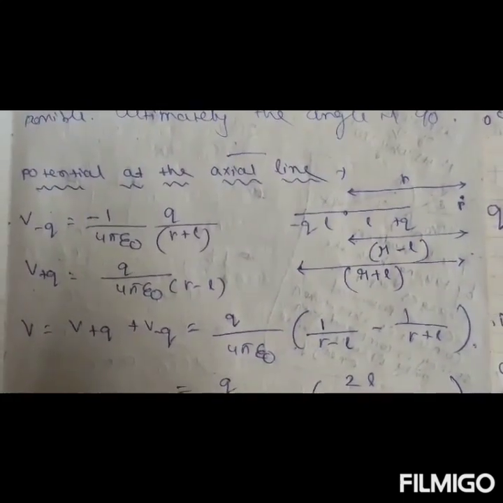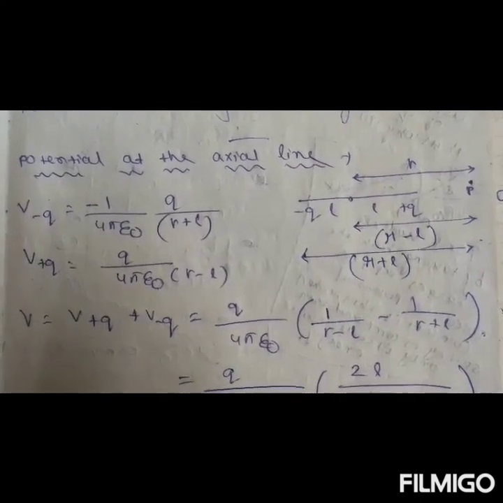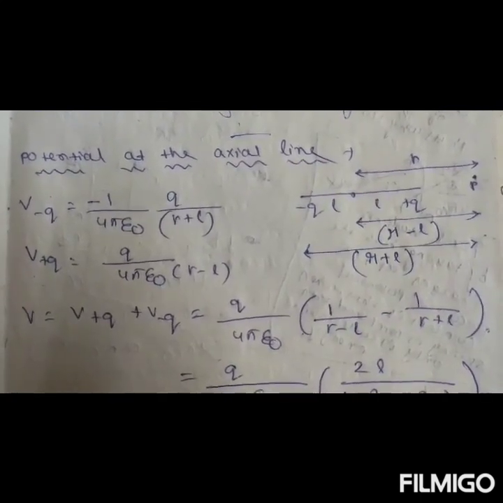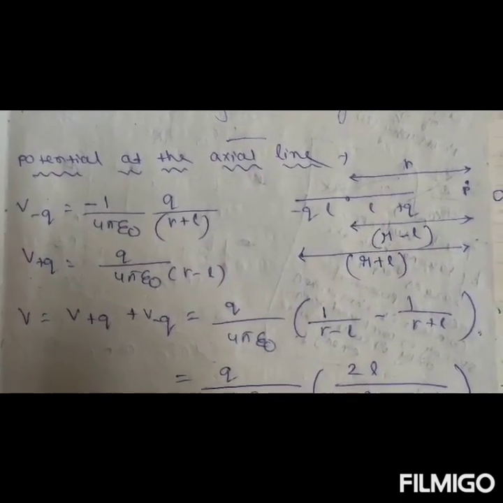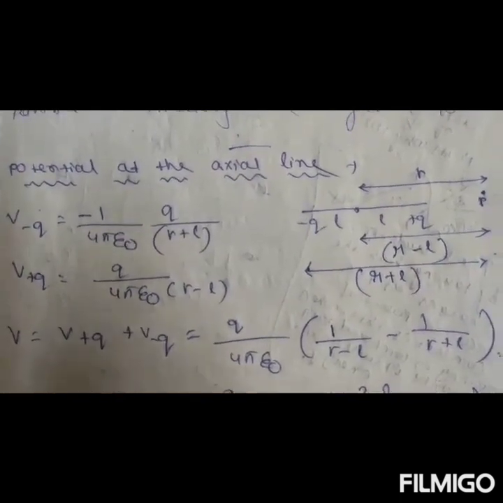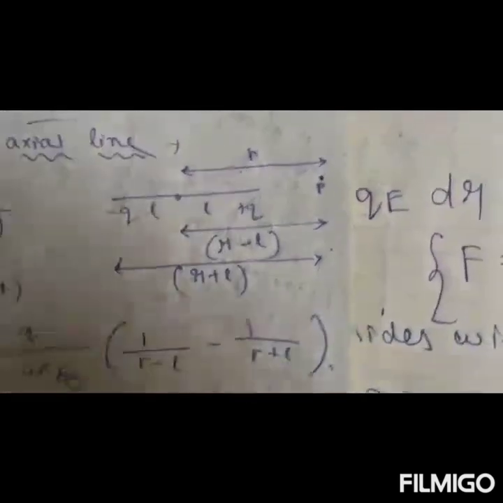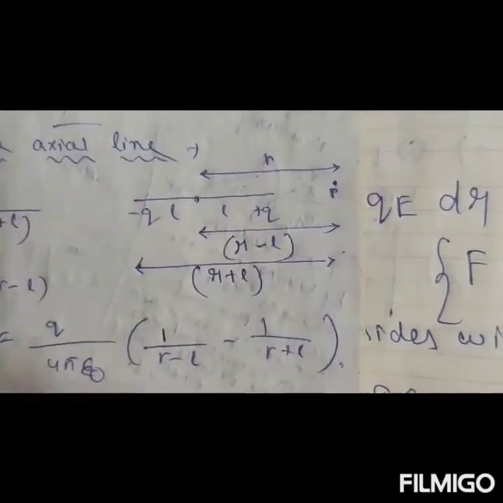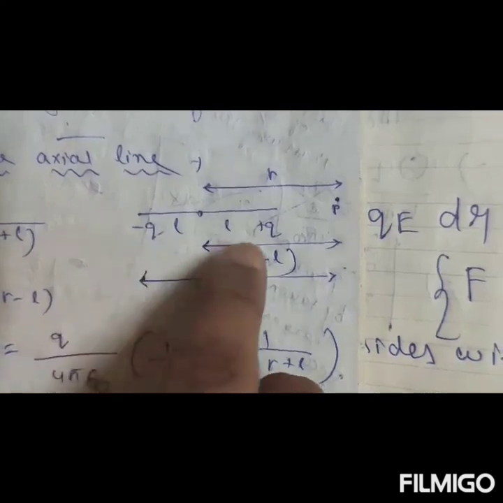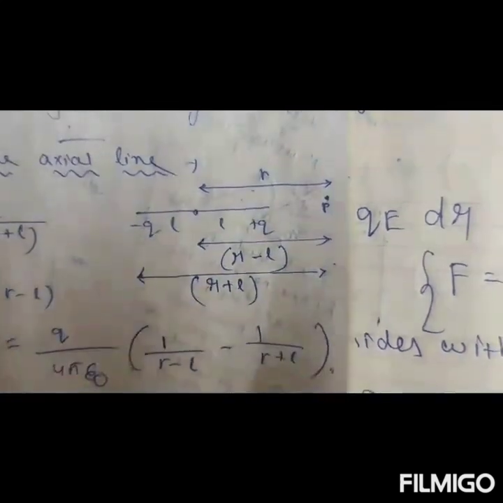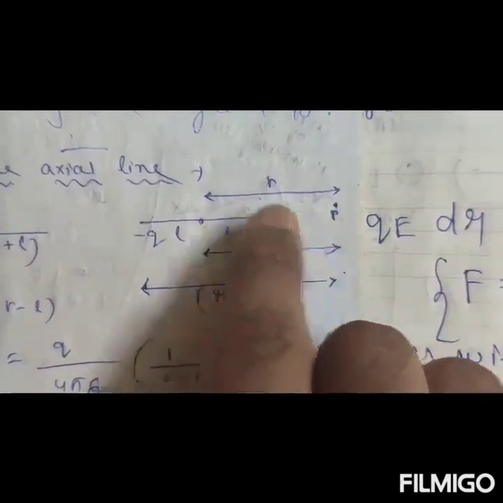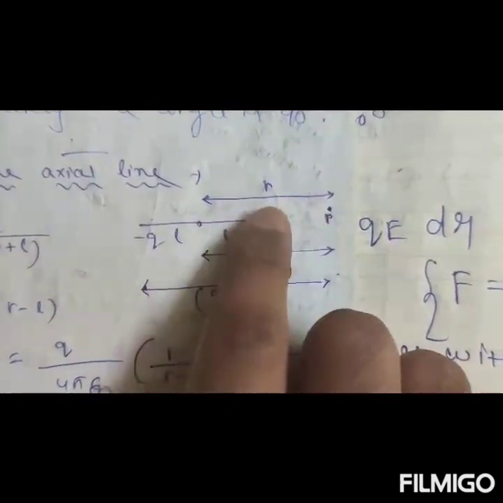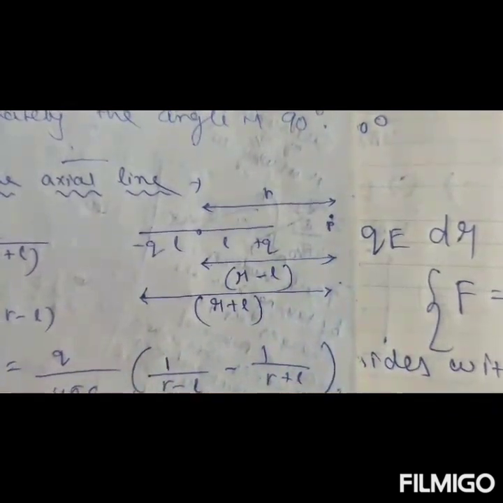So let us find the potential at the axial line. Like the electric field, where we found the two derivations for the axial line and equatorial line, here also it is the same. Let us study the axial line. Here one dipole is present, minus q to plus q, and at this point P, at a distance R from the midpoint, we want to find the potential.